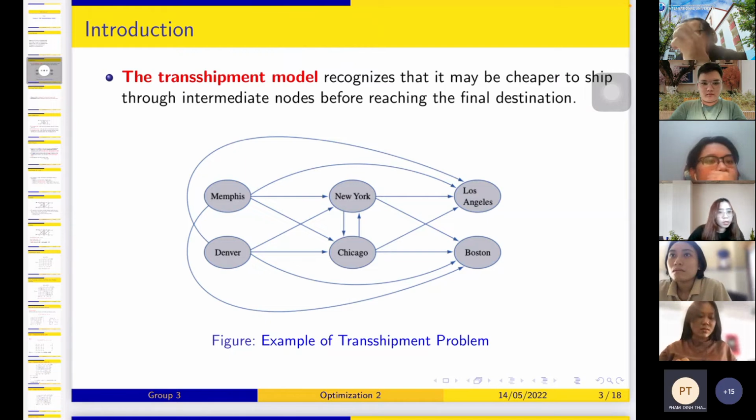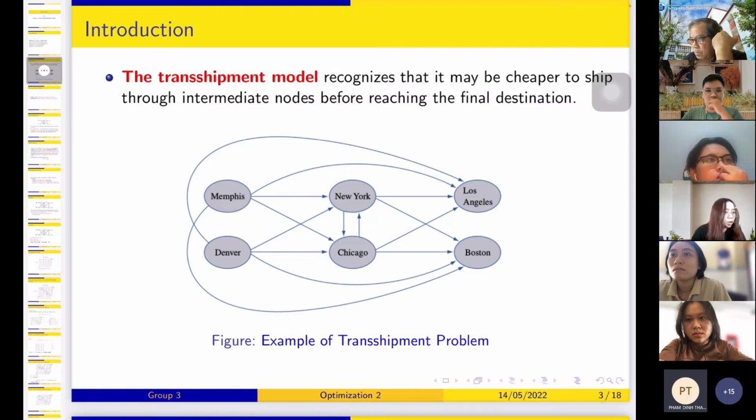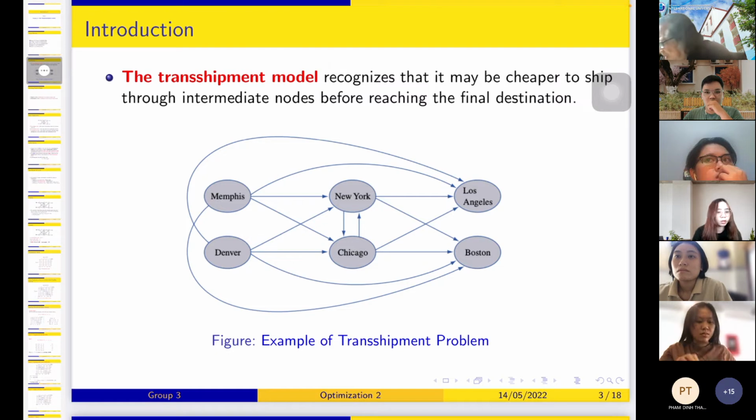The aim is that the cost seems to be cheaper if I ship the product from Memphis to New York or Chicago, and from New York or Chicago to Los Angeles or Boston, than directly from Memphis to Los Angeles or Boston. No, you don't say the problem clearly. I don't understand.